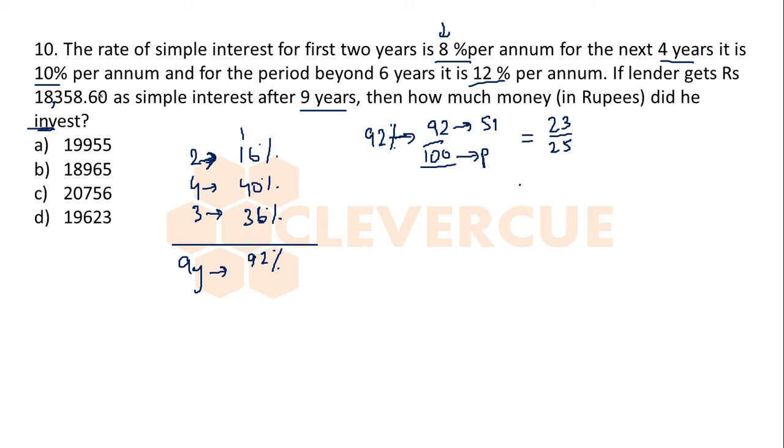Now the simple interest is given as 18,358.60. Now this 23 units will be equal to 18,358.60. Now let us divide this. Here when you divide this, 23 ones are 23, and here 7 times 23 you will be having 161, and the remainder is 22, and you have 225.